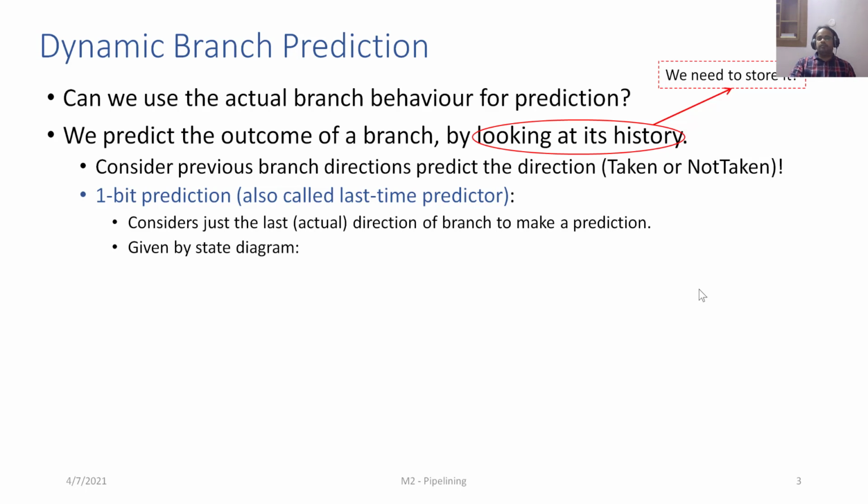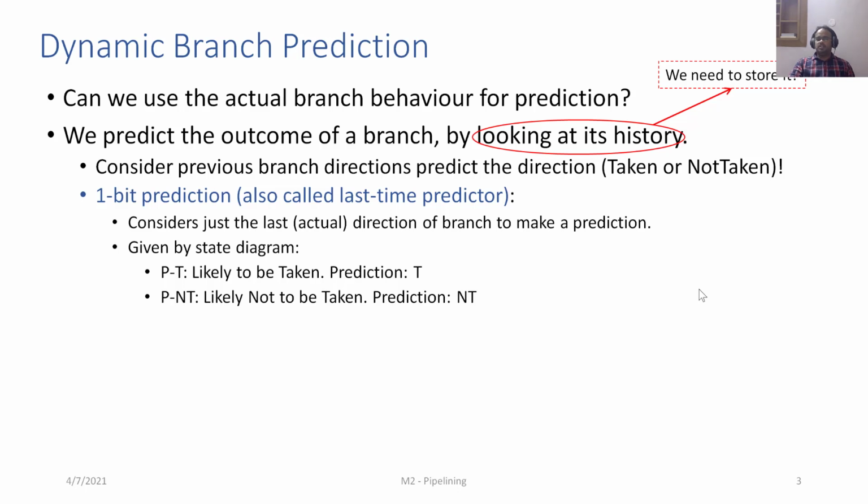And the working of the one bit branch predictor is quite easy to explain and understand if we look at it as a state diagram. Its states are represented as PT, which means likely to be taken, and its prediction would be taken.